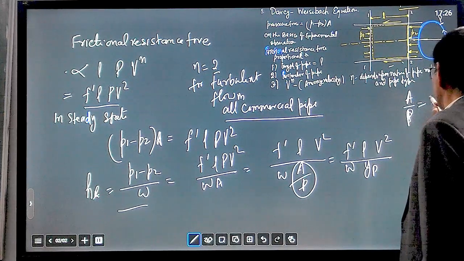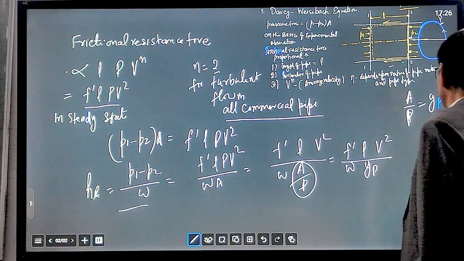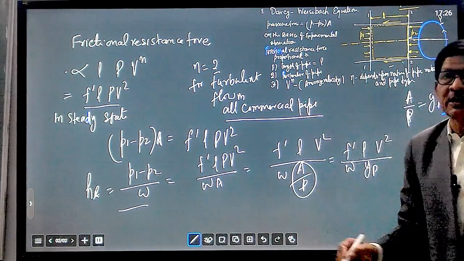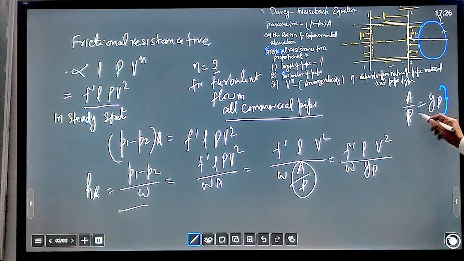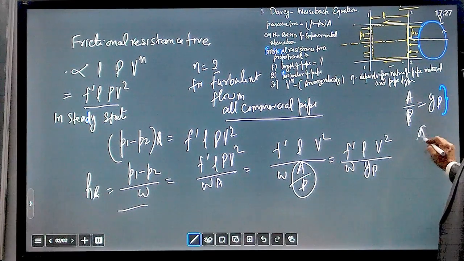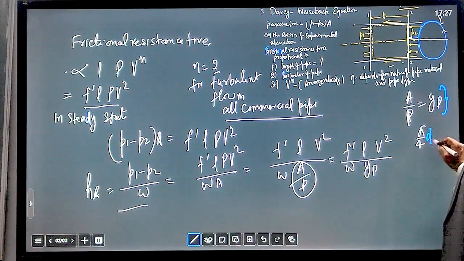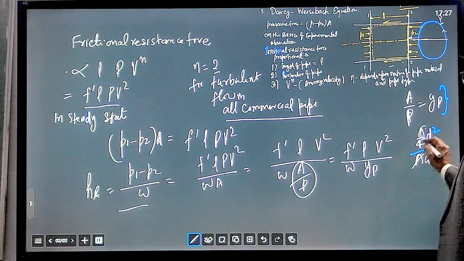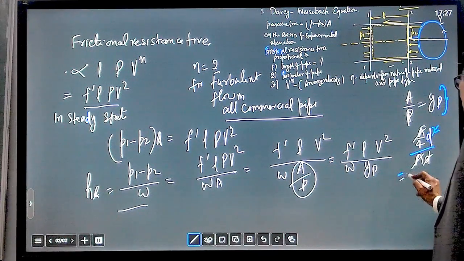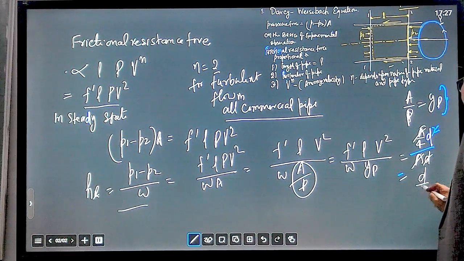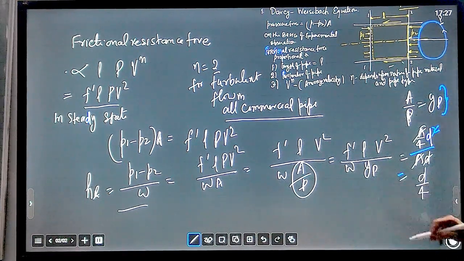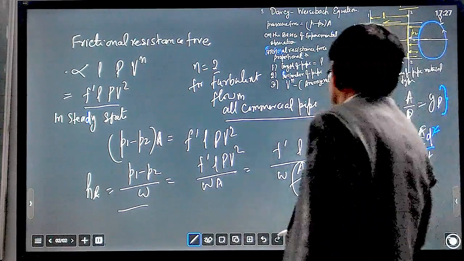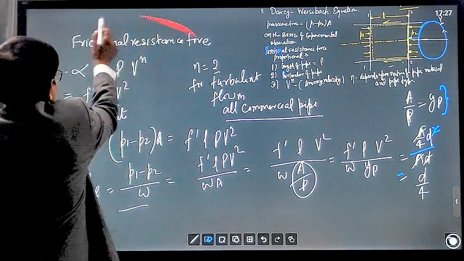A upon capital P equals Ym, the hydraulic mean depth of the pipe. Area upon perimeter you can also write as pi by 4 d squared upon pi d. Pi is removed and one d is removed, so it is equal to d by 4. This hydraulic mean depth we replace by d by 4.